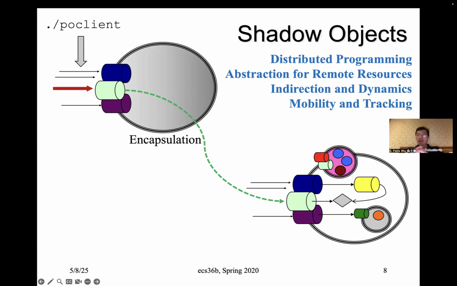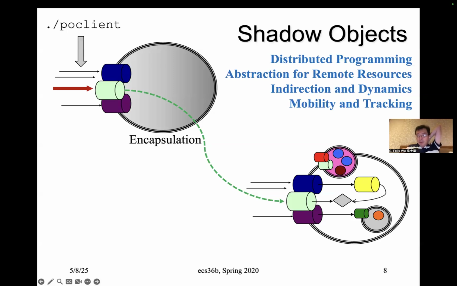Because the real object has the issue of mobility, we need some kind of tracking to know where it is, and then we can use a shadow object to eventually connect to it. There are lots of interesting applications related to mobility and tracking. Once you know today's PO client and PO server, which is CPP09, you will realize that you can do very elegant programming to solve a huge class of this kind of distributed programming issue.